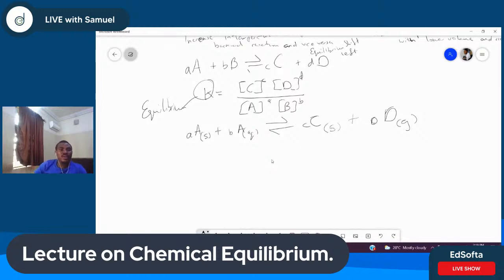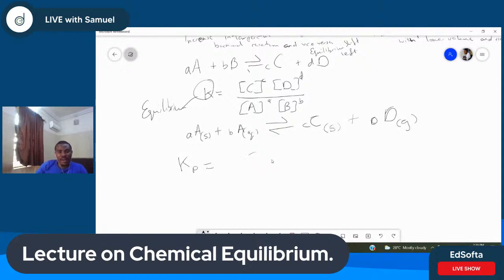If you are asked to find Kp, that's the equilibrium constant of pressure and not the equilibrium constant of concentration, because what we have here is the equilibrium constant of concentration. Because of the solids, they will round off to 1, because pressure has no effect on them.